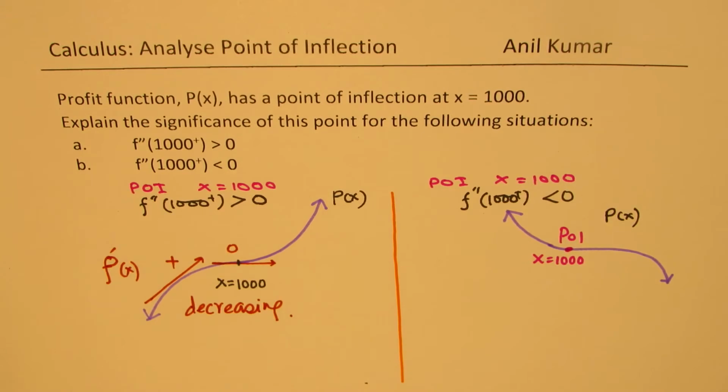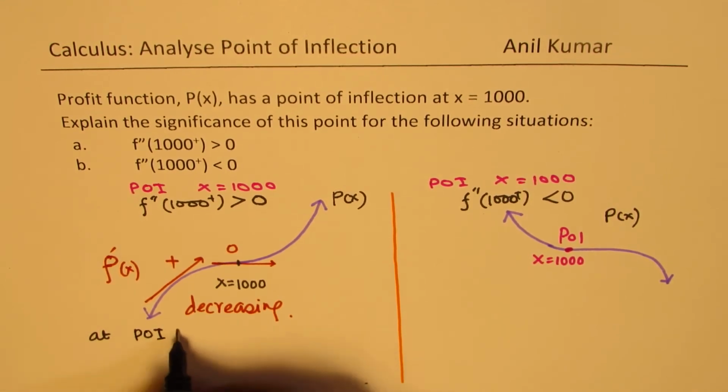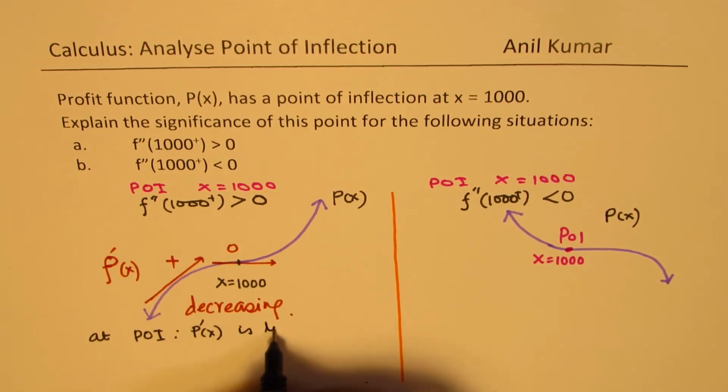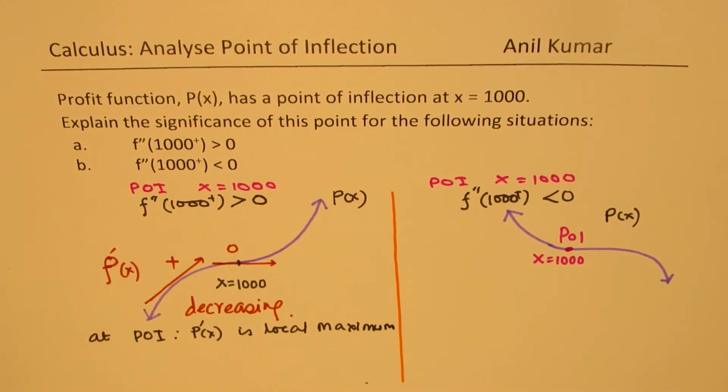That also means that at the point of inflection, the derivative is a local maximum. So it is positive, right? But then it decreases and at this point of inflection, becomes 0. So it's a turning point.